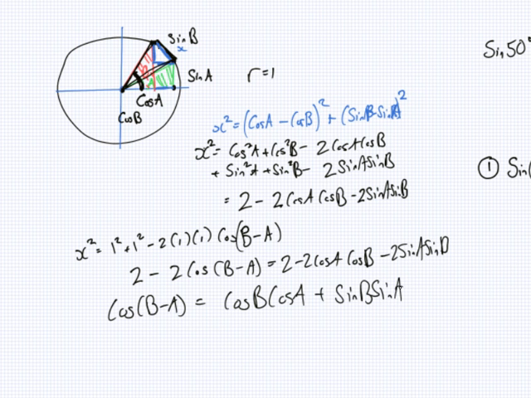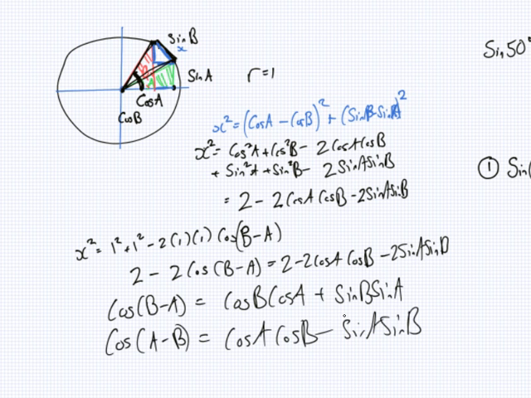You can swap the letters if you like in the formula. So normally you write it like this: cos A minus B is cos A cos B plus sine A sine B, and that's the proof of what's going to be the next formula.